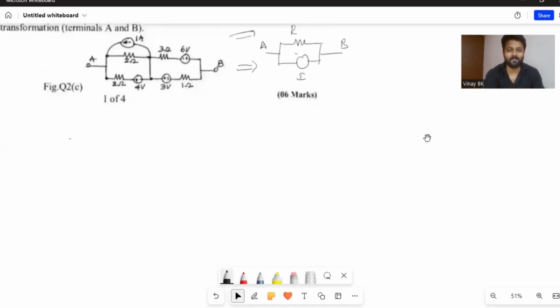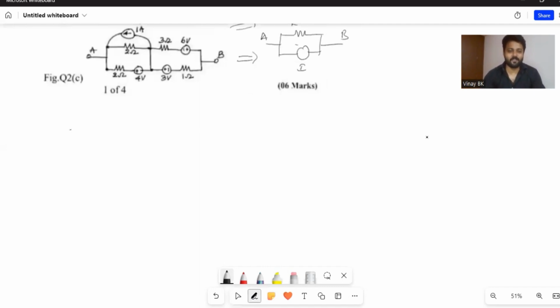So I will take this problem. So first what I will do, step one, I will transform the 2 ohm 4 volt voltage source into current source, I source. So the circuit looks like this.